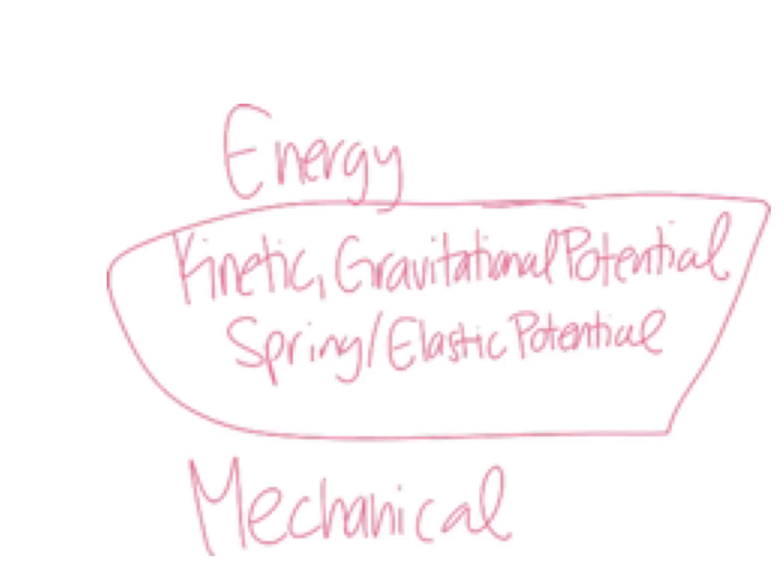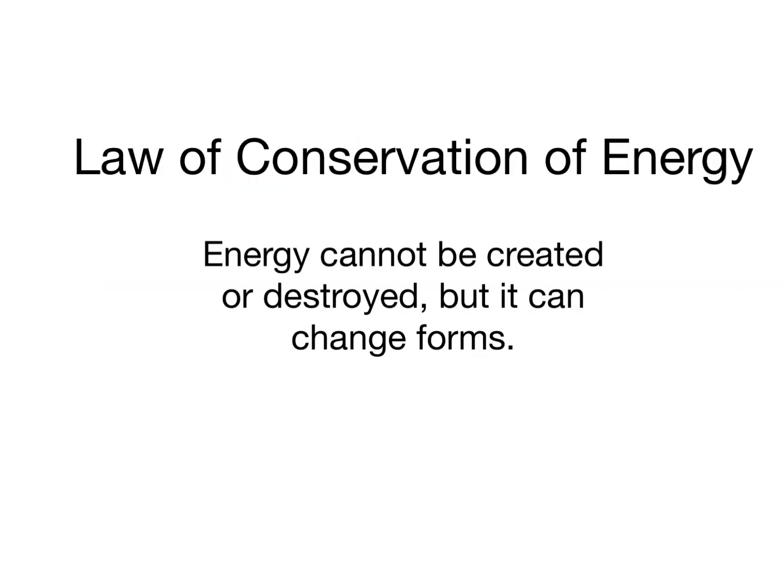And in another video, we're going to learn about how these can interchange and go together with each other, how with mechanical energy, if one thing goes up, the other goes down, because the law of conservation of energy says energy cannot be created or destroyed, but it can change forms.